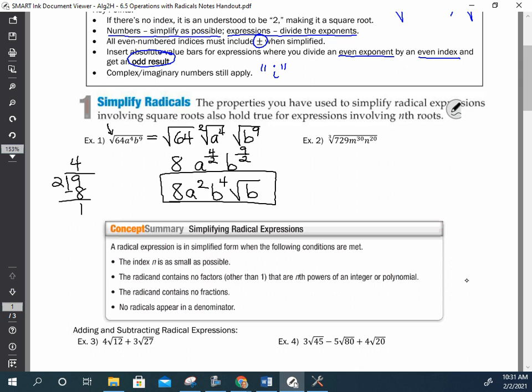So just like we did back at the beginning of the year, if you have remainders with your radicals, they go back underneath the radical. Remainders go back in. Whatever worked out evenly gets kicked out. Questions, example 1.